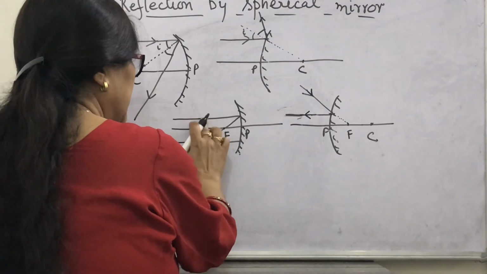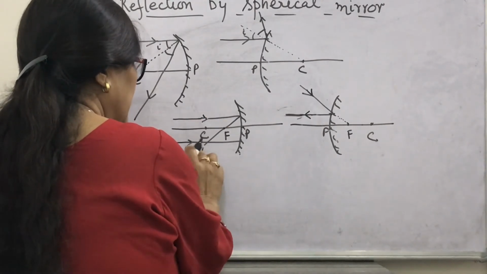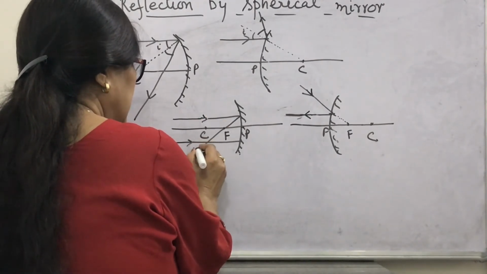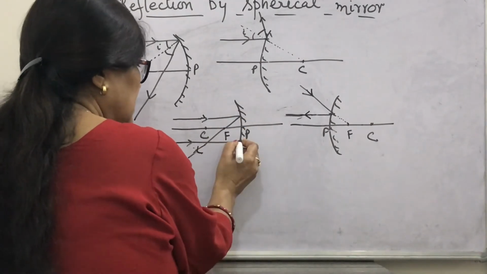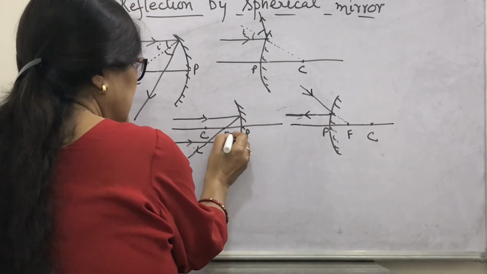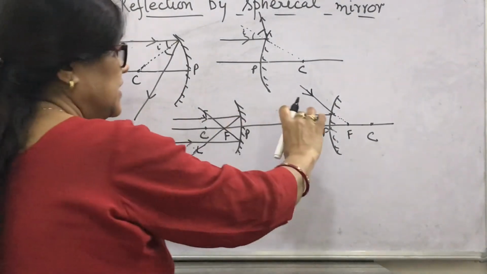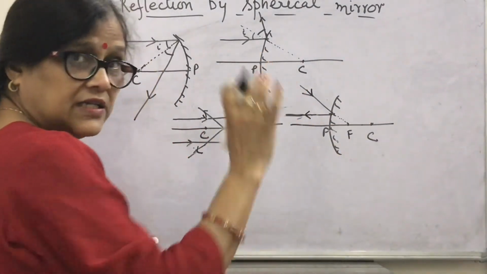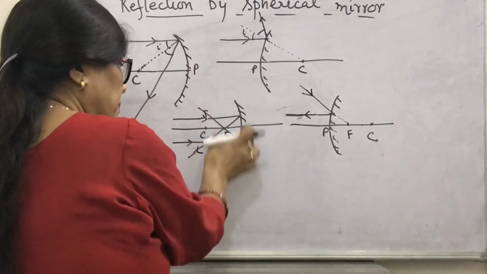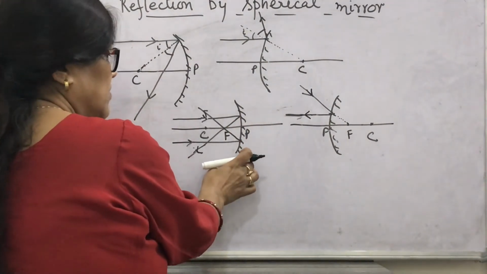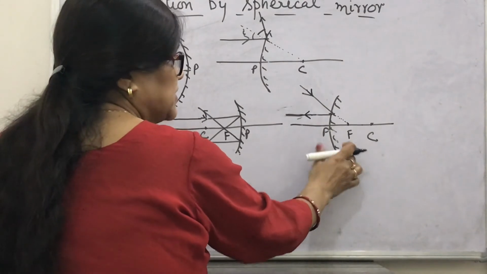I am taking the first case: this ray will be reflected in this way, and both will pass through focus. So all such rays which are parallel to the principal axis will pass through focus in concave mirror, and they will appear to pass through focus like this.